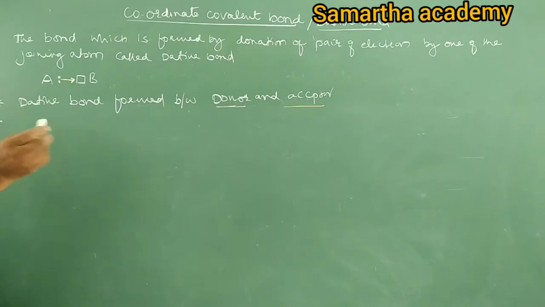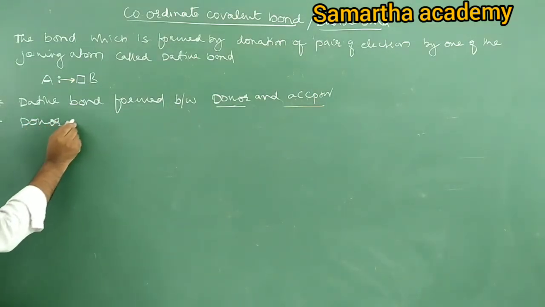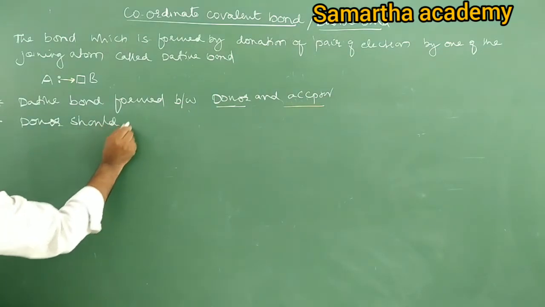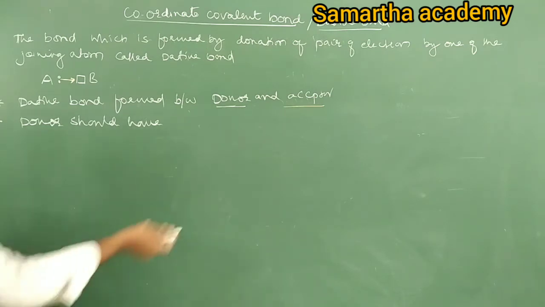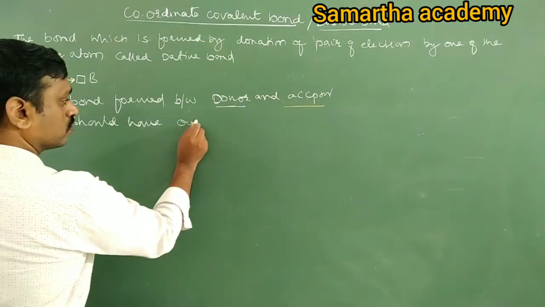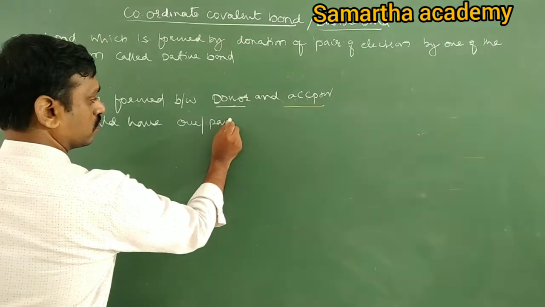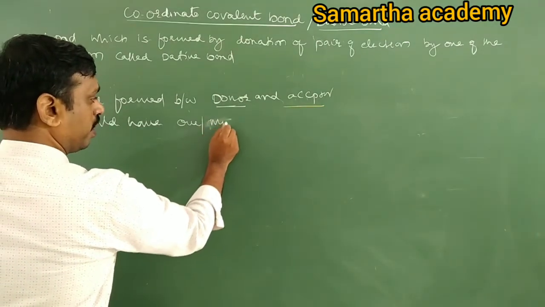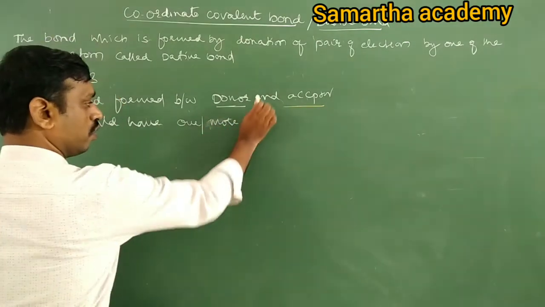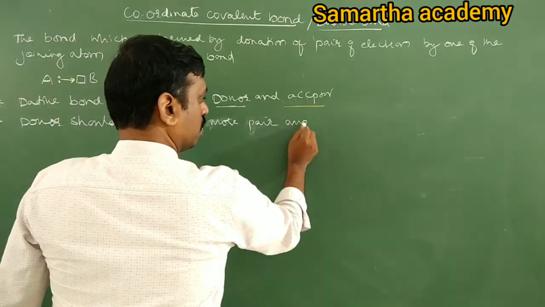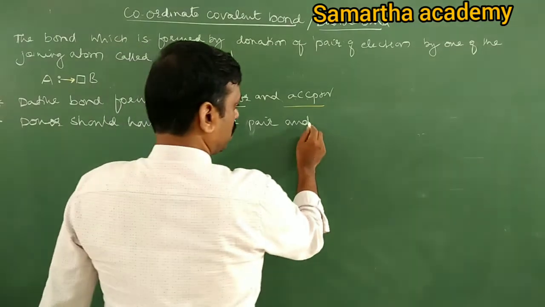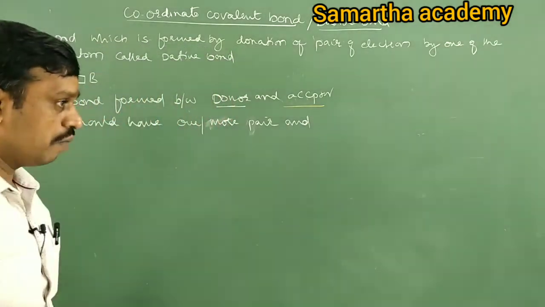Right. Donor should have at least one or more pairs of electrons, and a complete octet.